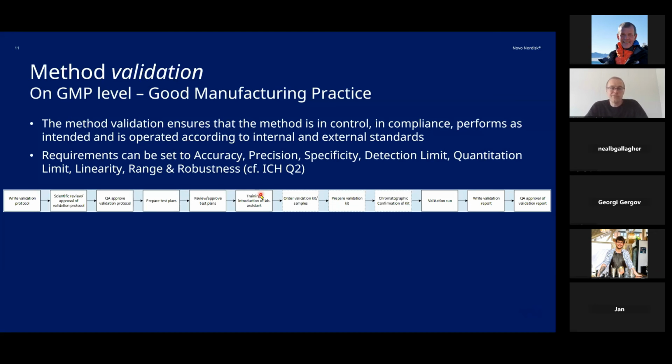So we want to validate that going forward we can replace the primary method with the PAT method. So in that case we have the dual sampling, the reference analysis for the primary method along with the PAT sampling, that needs to be covered in the test plans.